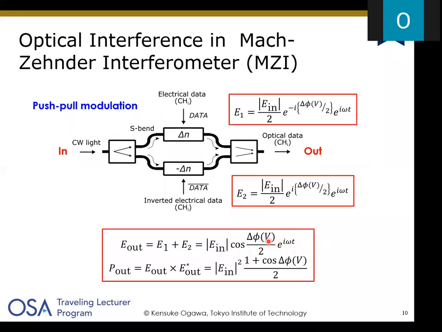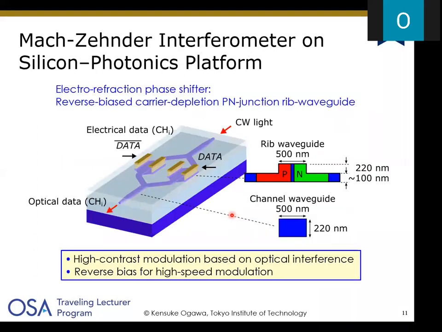So by changing the voltage, you have on and off of the electric field. This scheme is implemented on silicon photonics platforms like this.